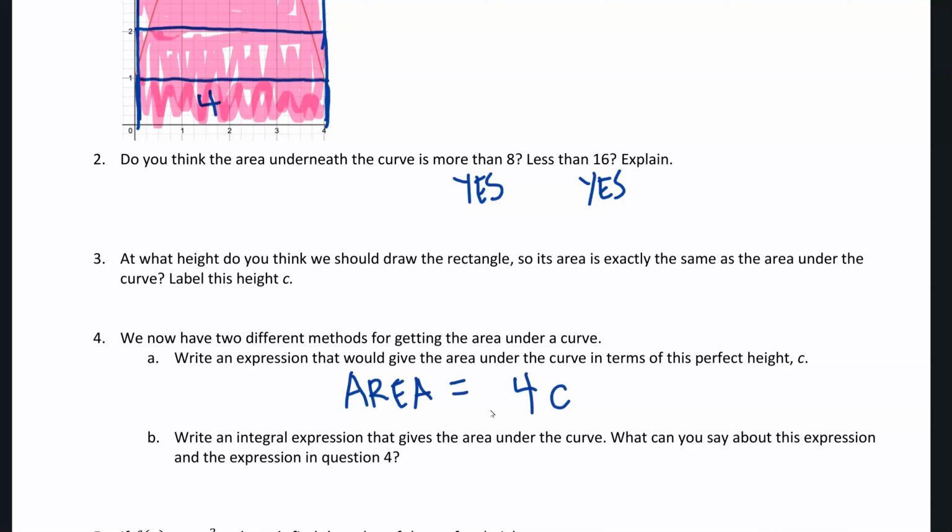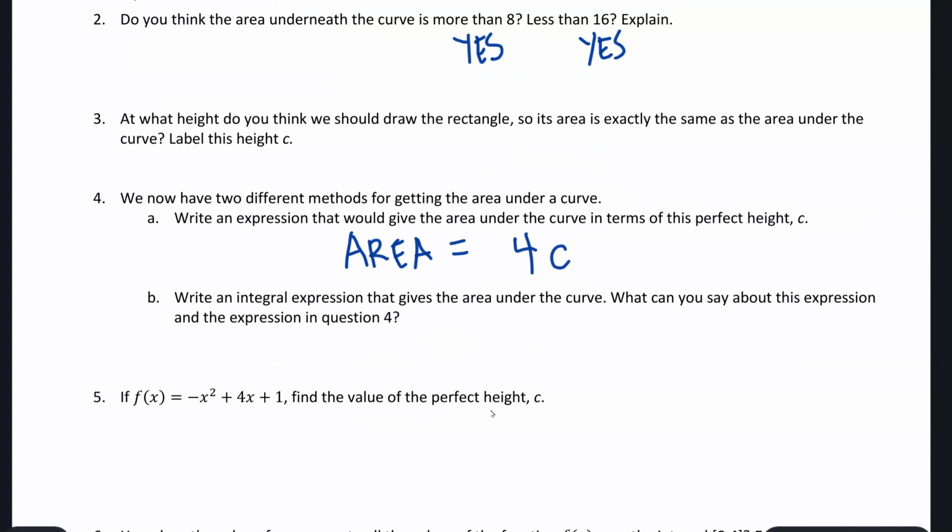So how could I set up an integral there for this? So I would go from 0 to 4 of f of x dx. Alright, so if this is our function, how can I find the value of that perfect height c?